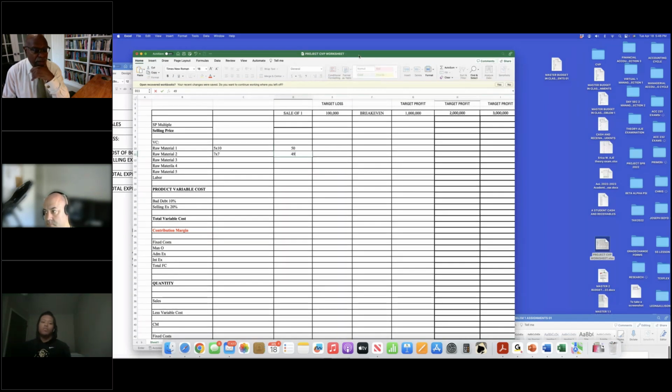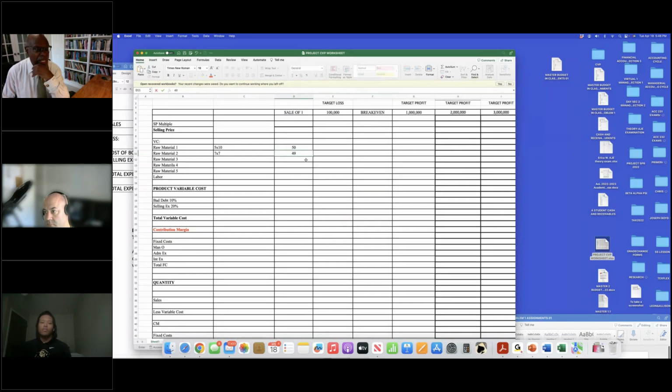But I'm telling you, if the raw material is less than one, just move it down here to supplies. Secondly, we're estimating, so work with round numbers as much as you can. If it's $4.95, just make it $5 or whatever. It doesn't have to be exact, and it's better to have round numbers.